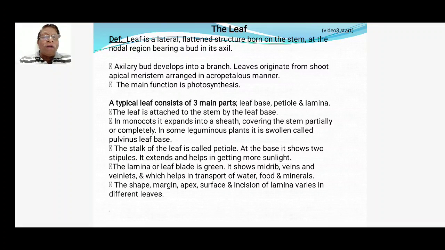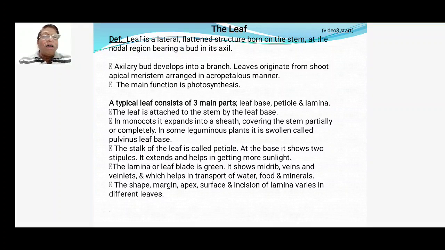Flattened means it is a dorsi-ventrally compressed structure. You have seen root and stem; they are cylindrical structures. But the leaf is not like that. It is flattened.